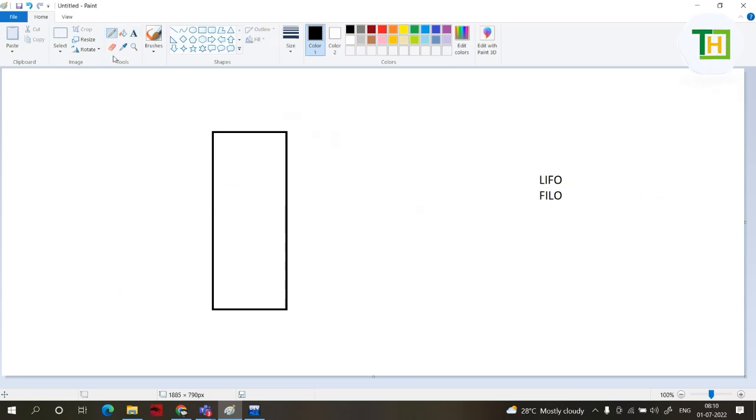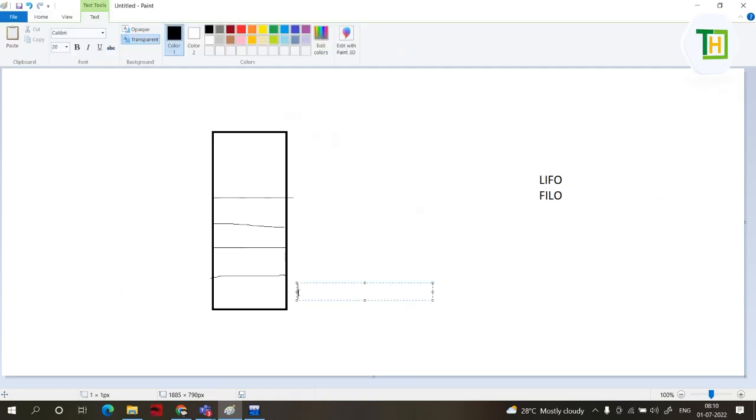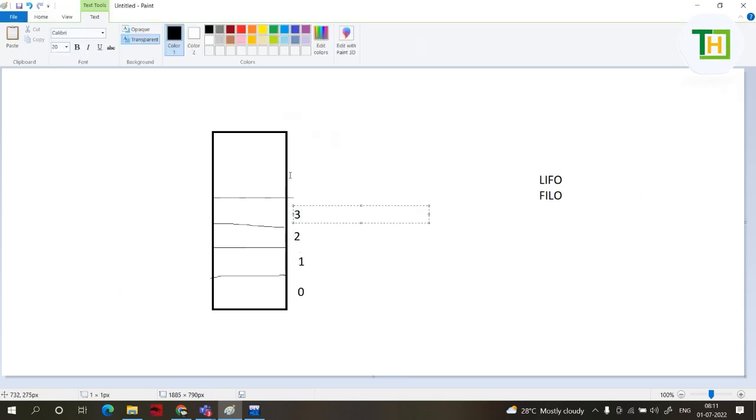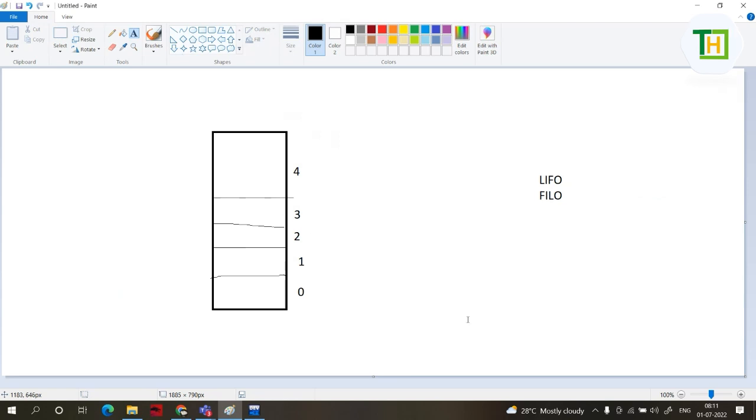For example, the size of the stack is going to be 5. One, two, three, four. And the index positions are: this is the zeroth index, this is the first index, this is the second index, this is the third index, and this is the fourth index.